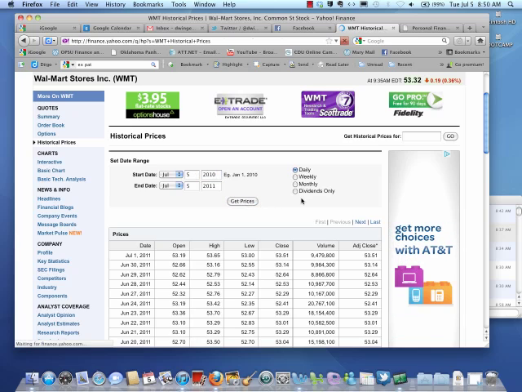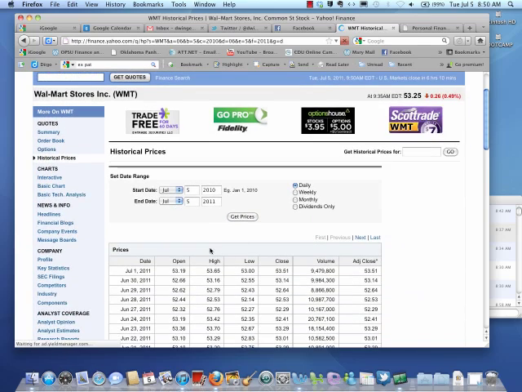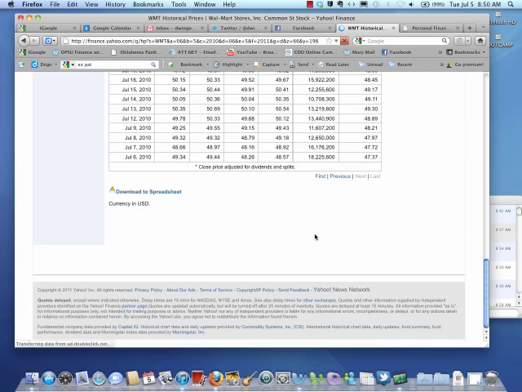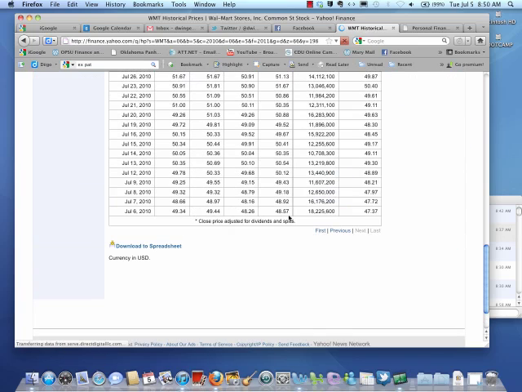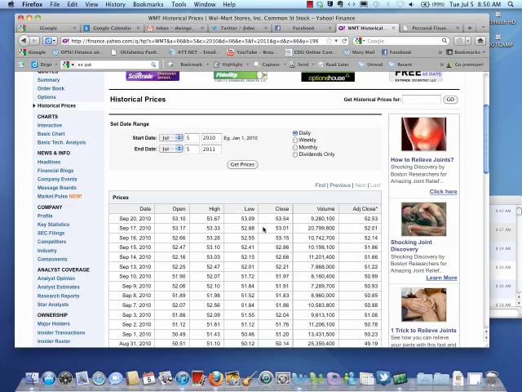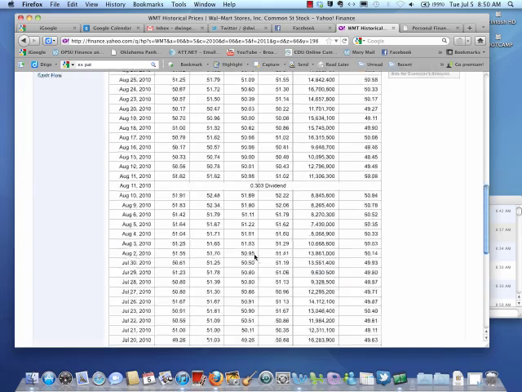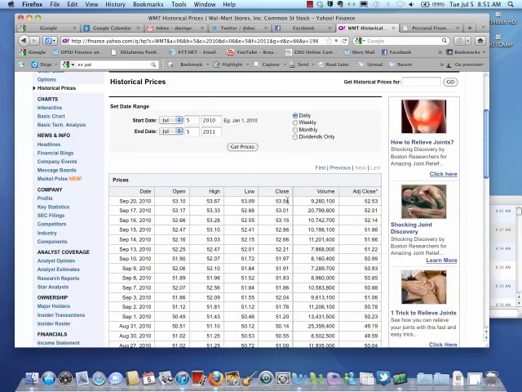Get prices. Okay, here's your 2011 prices. Let's go to the last, and there's July 6th. That will be close enough. So here's your adjusted close right here. Or well, let's go ahead and just use the close.